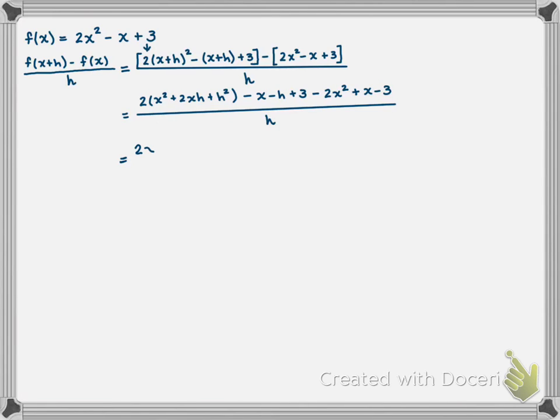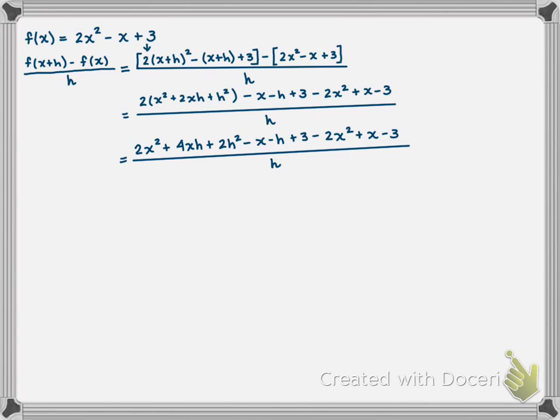So now I'll distribute my 2. And then just copy everything else. Over h.